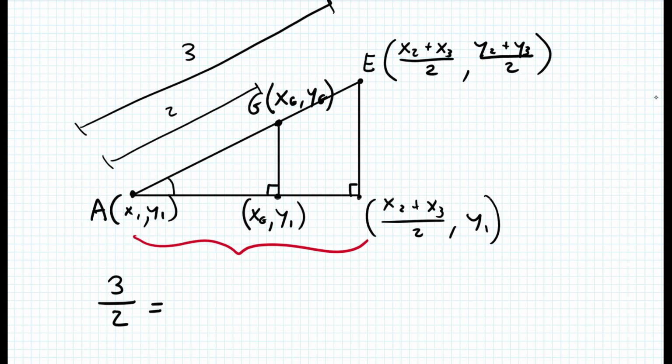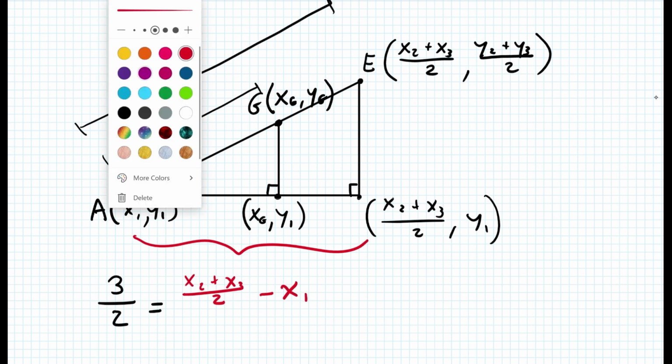So the distance is going to be (x2 plus x3) over 2, and then we subtract x1, okay? And then we're going to write everything over.